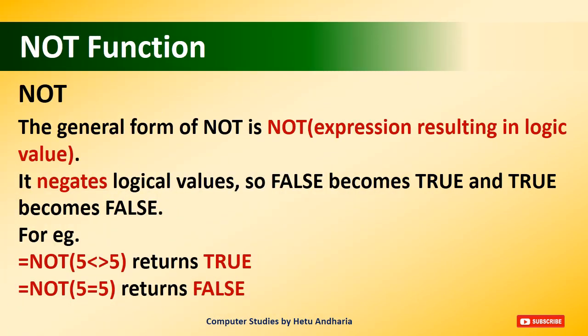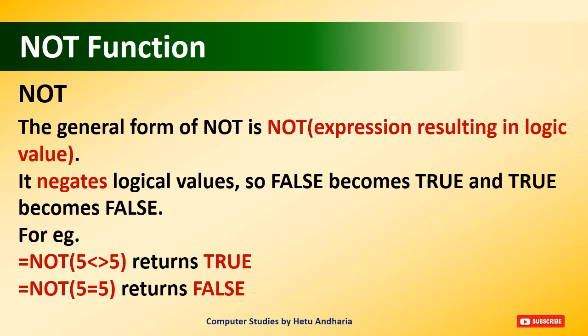Now we are going to learn the NOT function. Just now when I teach you this function, it will look like a useless function. But when you type complex programs, at that time this function is very much helpful. But that is out of our course just now, so I continue teaching. The general form of NOT is NOT, in brackets an expression resulting in a logical value.